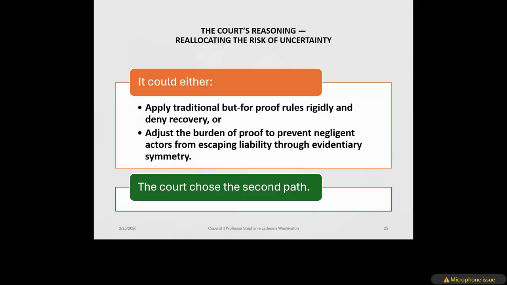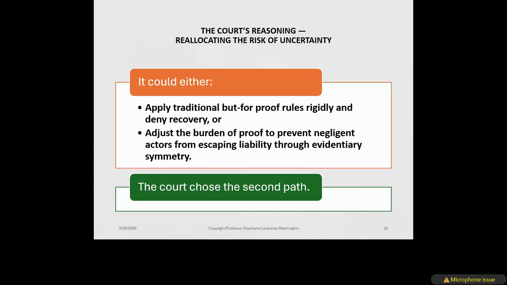We could shift the burden of proof as it relates to the identification of which of the negligent parties is the link to the harm, right? And that would prevent negligent actors from escaping liability. So that's what the court chose to do.